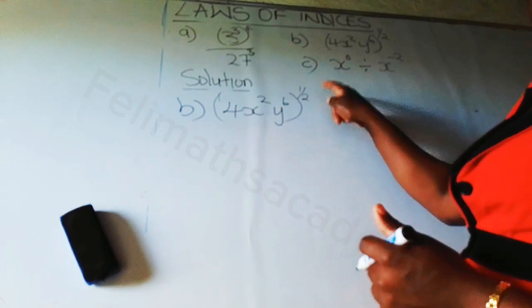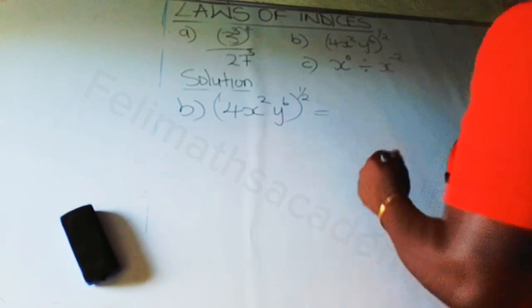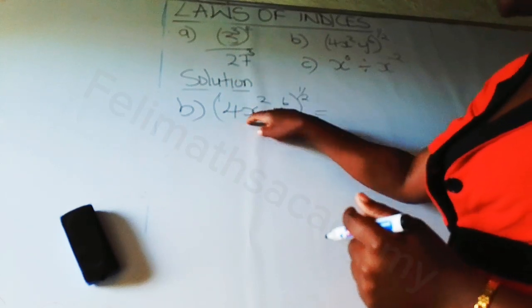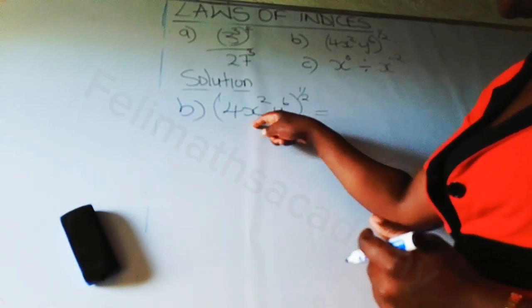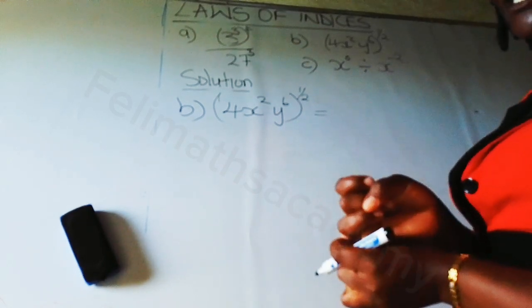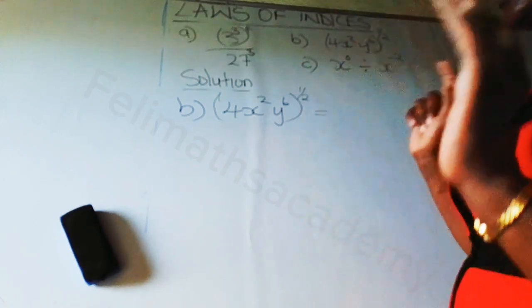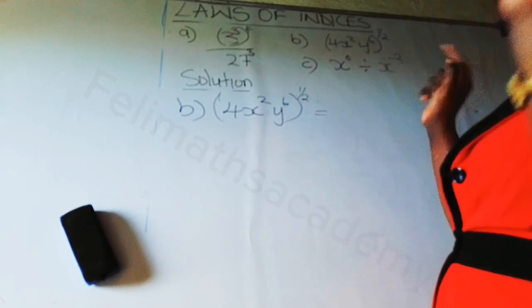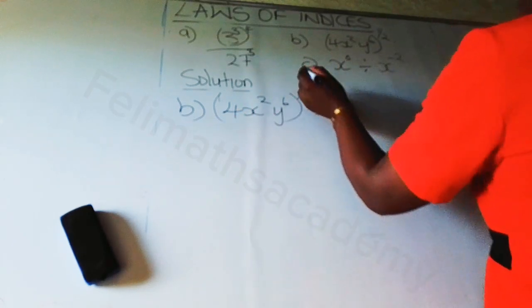Y to the power of 6 is raised to the power of half. So we can distribute our power there. These terms are multiplying each other, so we can safely distribute those. If the terms are multiplying or dividing, we can distribute the power, we can distribute the root. So we are distributing that half.